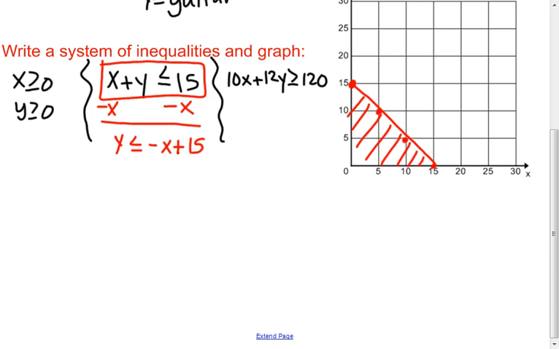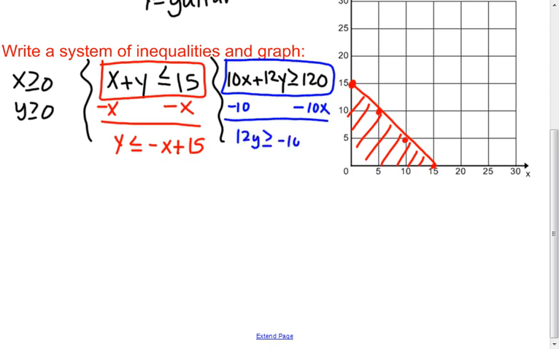Okay. Then my other equation is this one, but it is not in y equals mx plus b yet, so I will subtract 10x so that I have 12y is greater than or equal to negative 10x plus 120. Divide by 12.